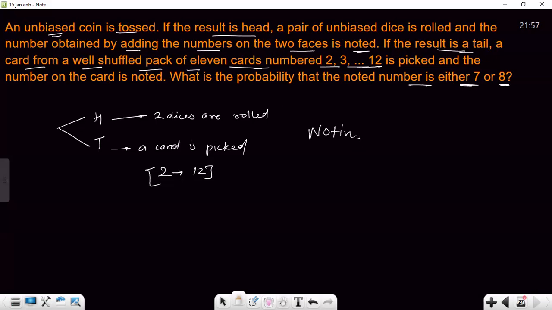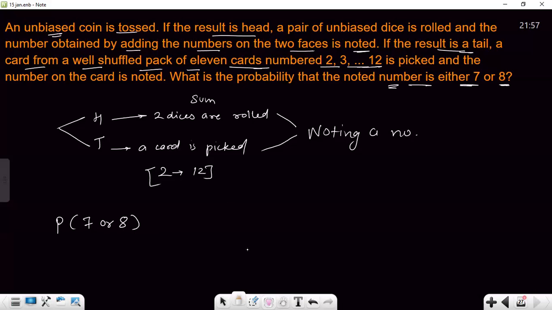So the end event is noting a number, whether we are summing the two dice's result or we are picking a number out of these. So what we have to find out is the probability that the noted number is either 7 or 8.